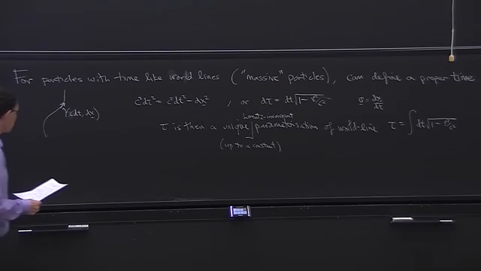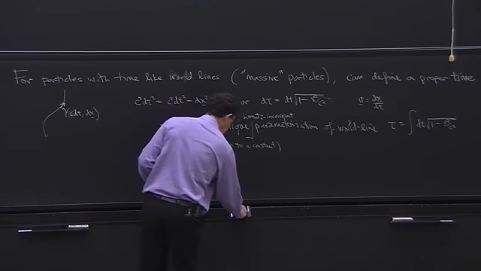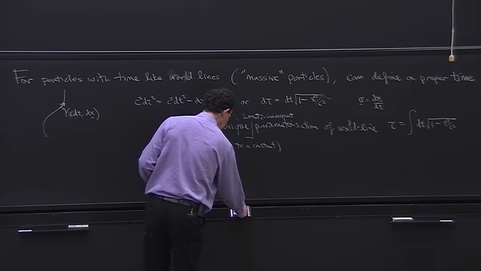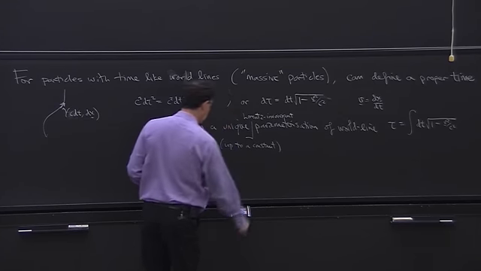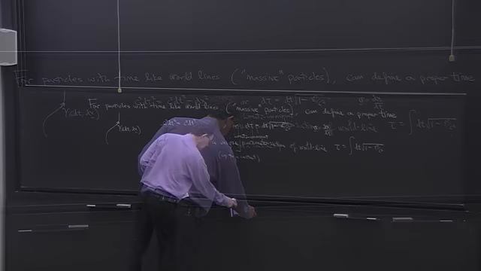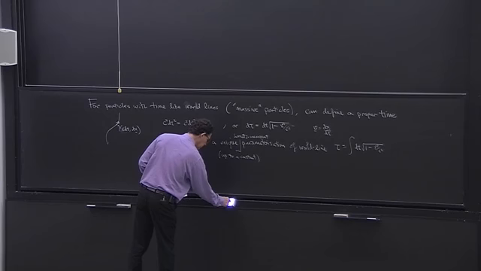So now we can define 4-velocity, which is a Lorentz 4-vector.